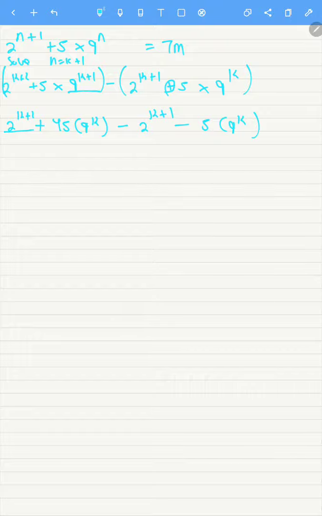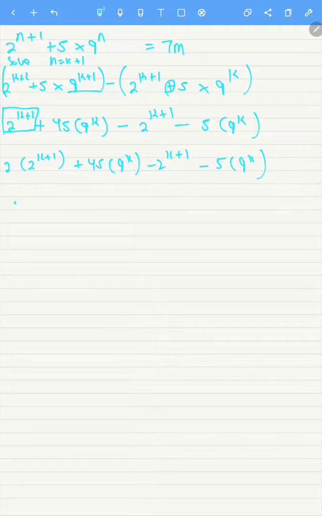So now we change this part into 2 times 2 to the k plus 1 plus 45 times 9 to the k, minus 2 to the k plus 1 minus 5 times 9 to the k. So that is then 2 to the k plus 1, plus 45 minus 5, which is 40, times 9 to the k.